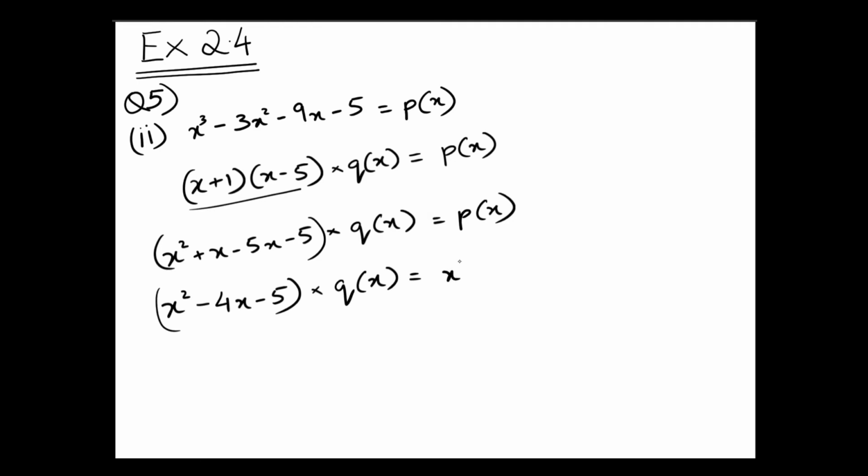times q of x is equal to p of x, which over here is x cube minus 3x square minus 9x minus 5. Now this means that if we use the long division method to divide our p of x by the terms that we got here, we will find q of x. Now I won't be showing the long division in this question over here.